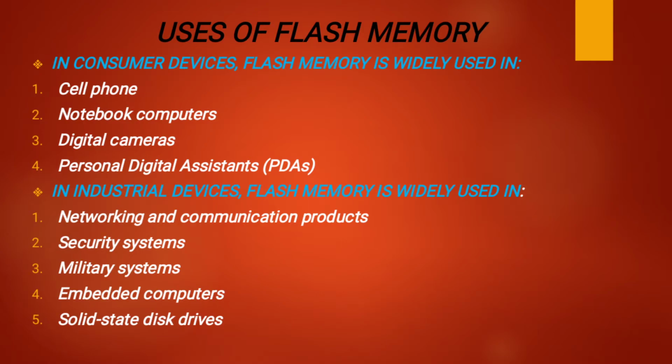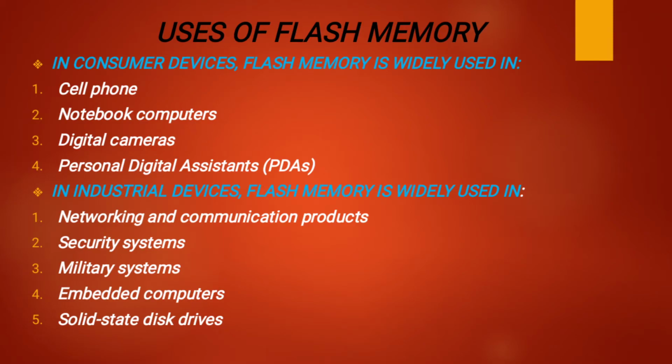Now, uses of flash memory in consumer devices. At the very user consumer level, the flash memory is widely used in cell phones, notebook computers, digital cameras to store our photos, and personal digital assistants. On the industrial scale, the flash memory is widely used in networking and communication products and security systems in our colleges, universities, and other institutions and industries.